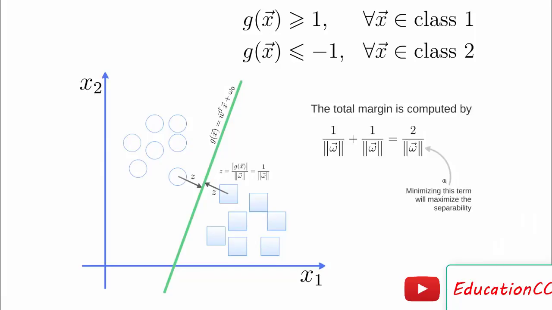And the aim is that minimizing this term will maximize the separability, which means when we minimize this weight vector, we will have the biggest margin that will split these two classes.